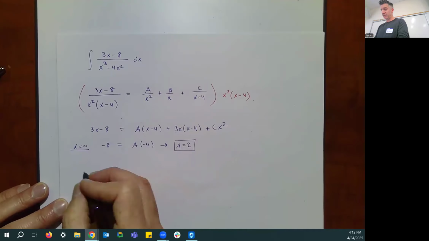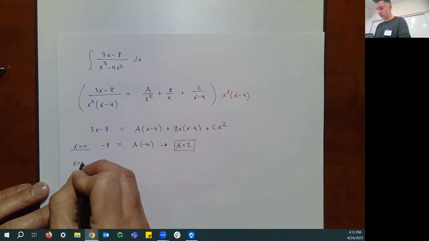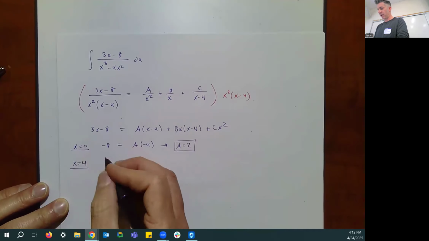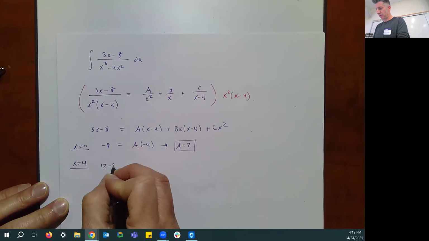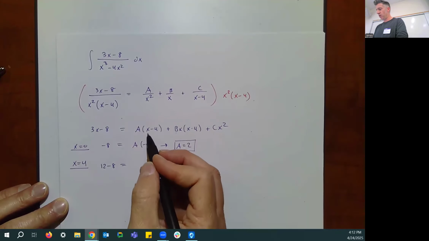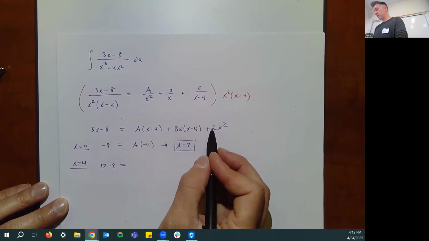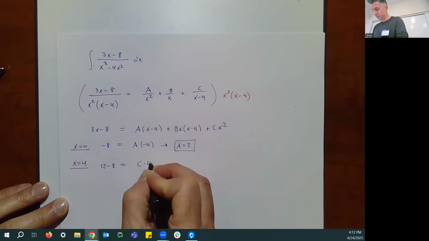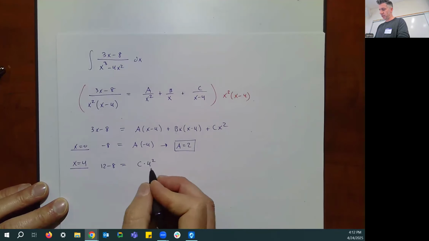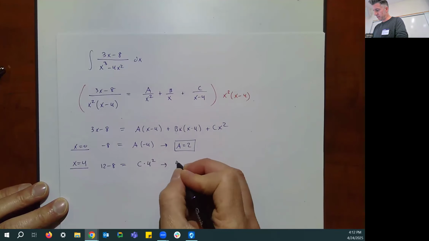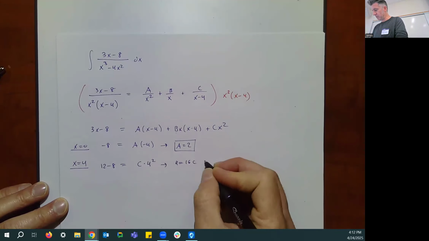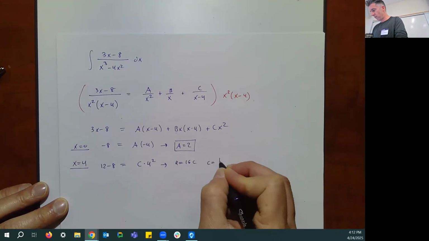And then my next nice value of x is x equal to 4. On the left-hand side, I get 12 minus 8. On the right-hand side, I get 0 plus 0 plus C times 4 squared. So I end up getting 4 equal to 16C. So C is equal to 4 divided by 16, or 1/4.